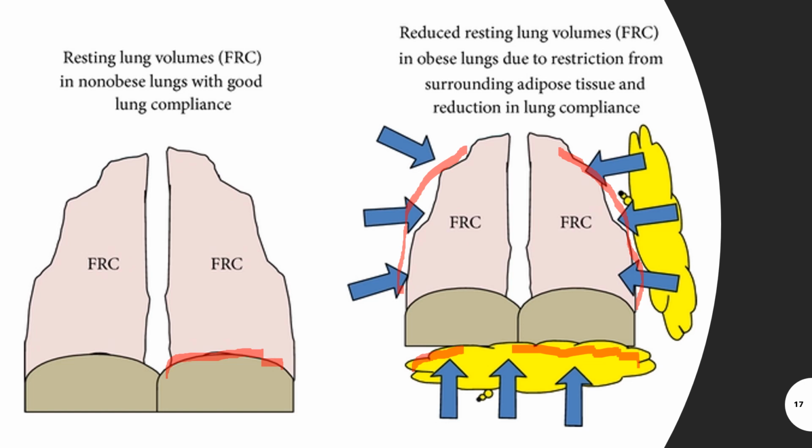What that results in is a decrease in compliance. What does that mean? When you have a decrease in compliance and collapsed alveoli, that means you need to come up with ventilation strategies that work for this particular patient. And there are some very good ways of doing it, and I'm going to explain all this to you in a little bit.